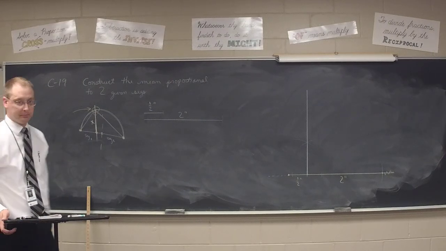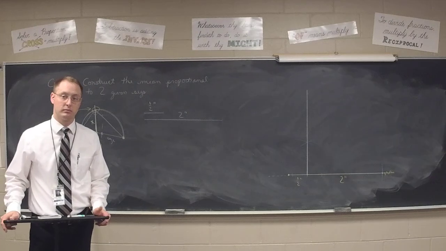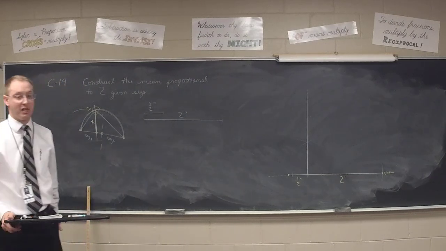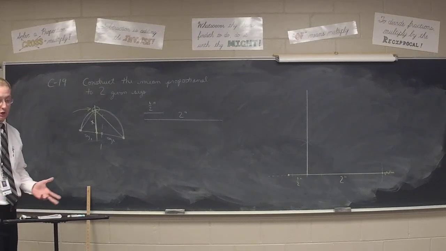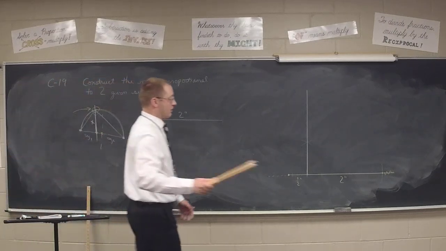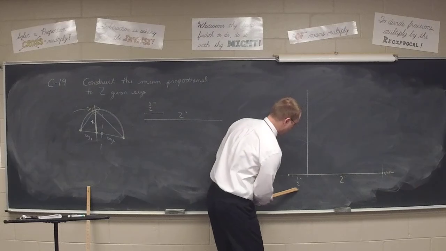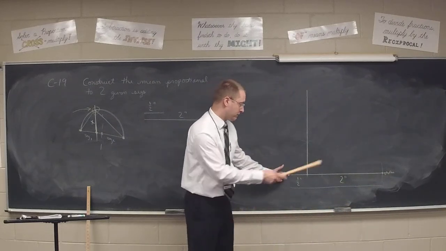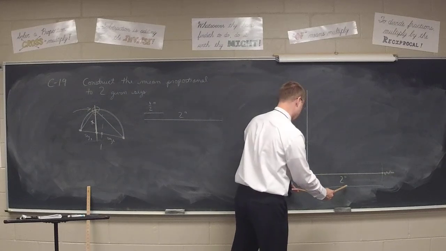All right, now what? Midpoint. You should be thinking semicircle, but you can't get the semicircle without the midpoint. So now remember, you're going to have to open your compass up enough that you can make it halfway from start to finish. So open it at least halfway.